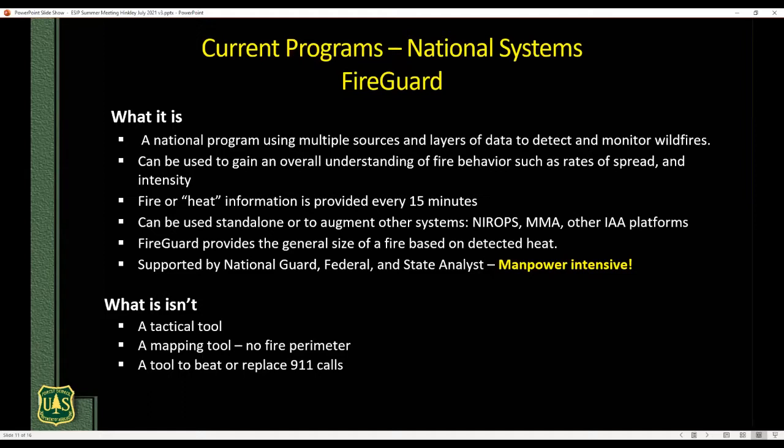And given these 15-minute slices, they can start to get an idea of the direction and speed of the fire front. And that's very important in the early phases of fire. This is a very manpower intensive process. We have National Guard that are doing the interpretation, and I would like to take the man out of the loop on this. So that's another area where we have a very manpower intensive process where I think artificial intelligence and machine learning can step in.